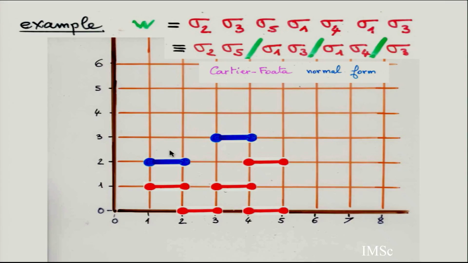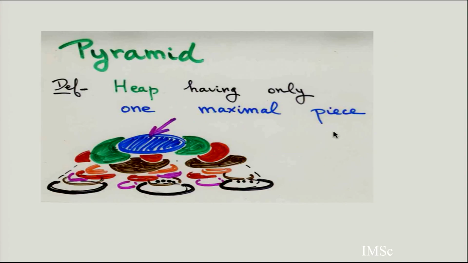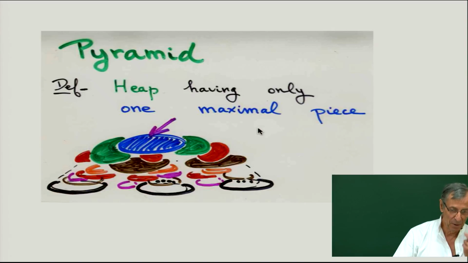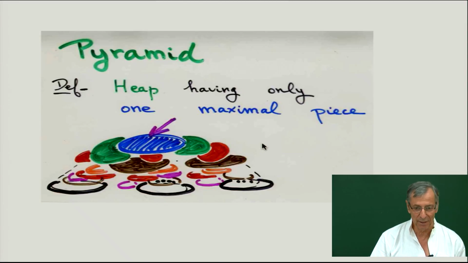And if I am putting some helium in each dimers and all the dimers go to the ceiling, then this blue will be at the maximum level when everybody goes up until the ceiling of the room. And in this class, we will meet many times the heaps of dimers with only one maximal piece, or commutation class with only one maximal letters.